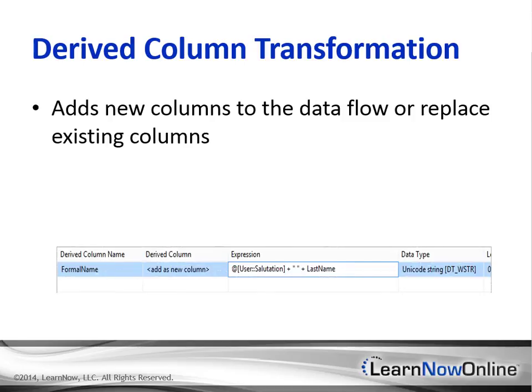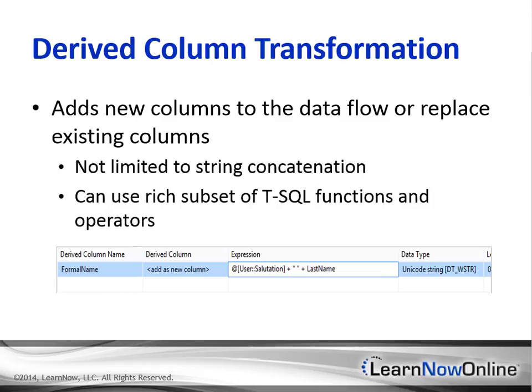And so that figure shows how you can create a column named formal name that's the concatenation of the variable salutation, so that's a variable within the package or the data flow, and the last name column of the data flow. Now you're not limited to simple string concatenation either. Integration Services expressions support a rich subset of T-SQL functions and operators for creating expressions with variables.